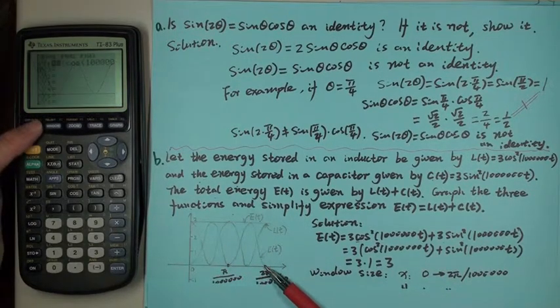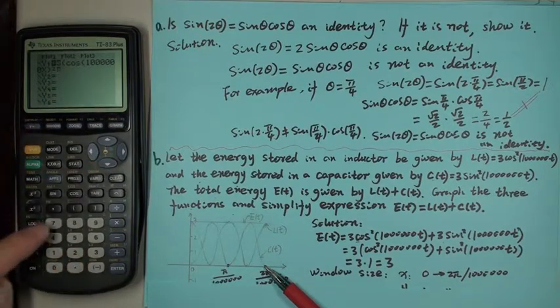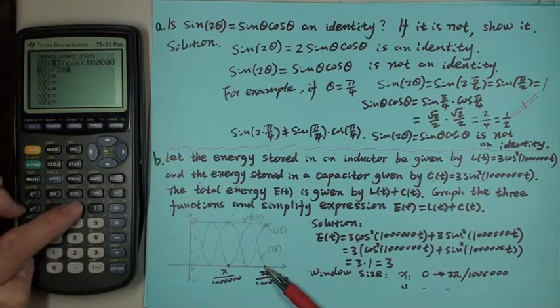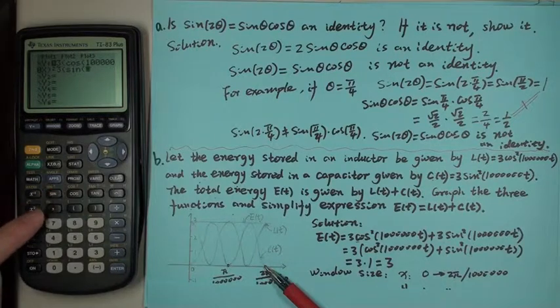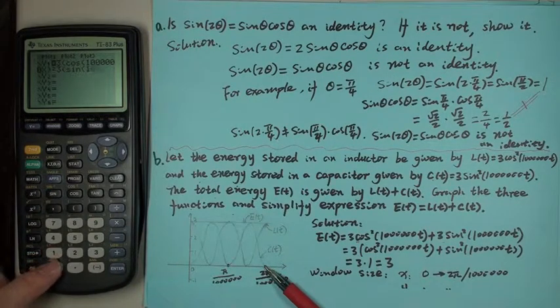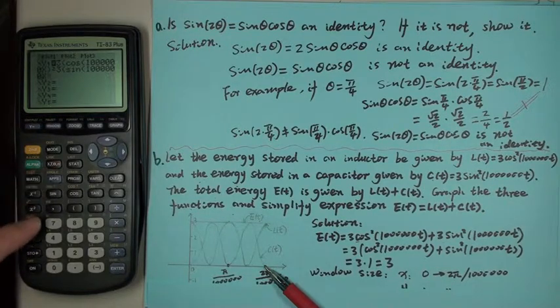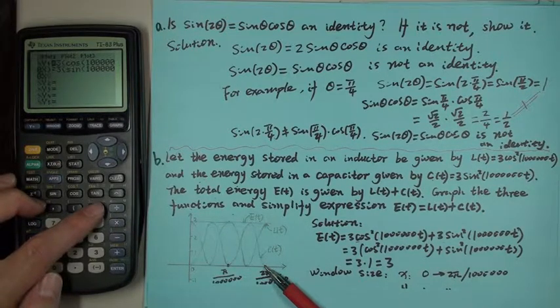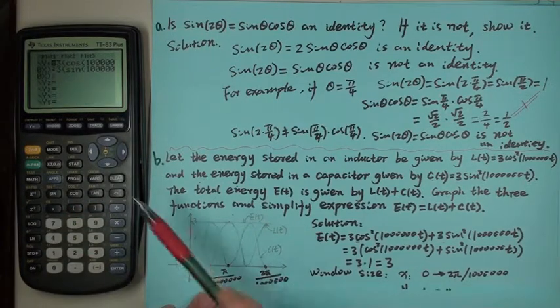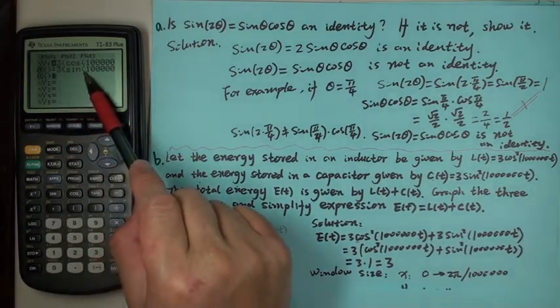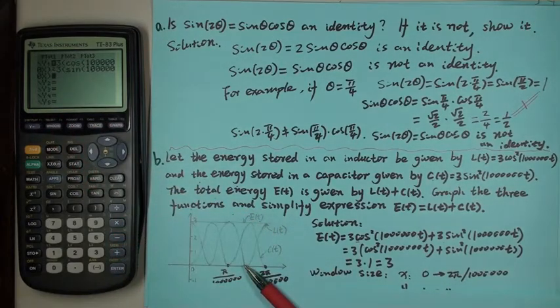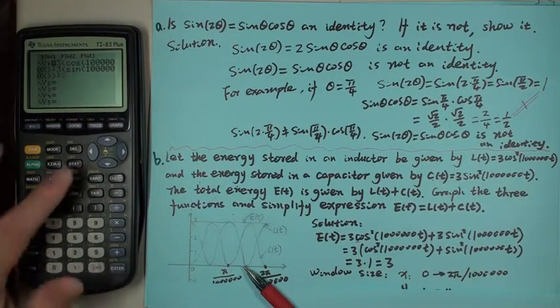You see down here, you may input 3 parentheses sine 1 million x, and then parentheses. This one goes with this one, so you need one more, and then squared. Okay, you then can graph it.